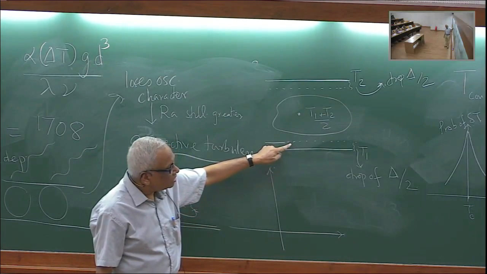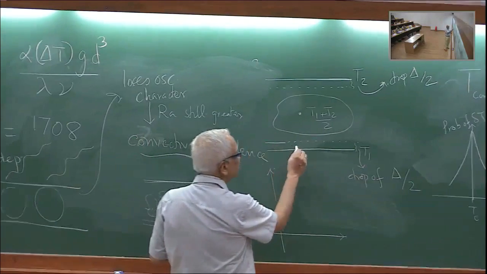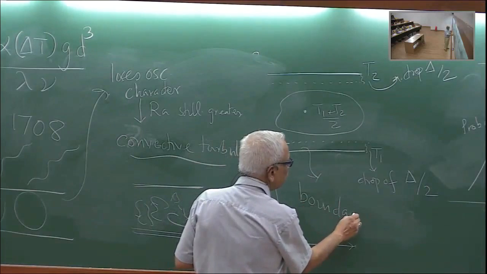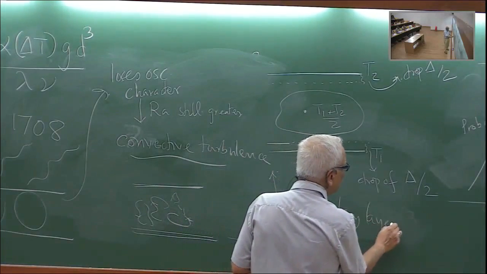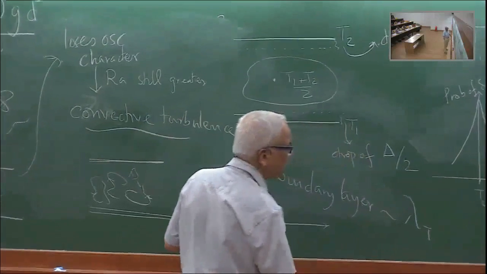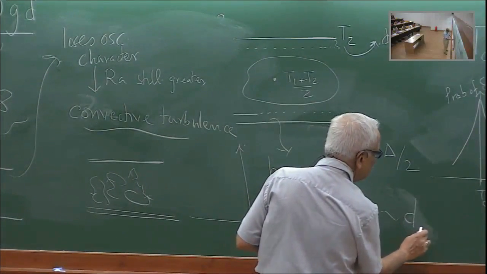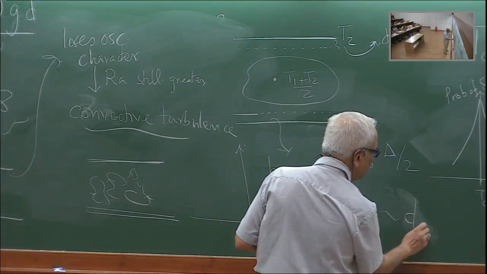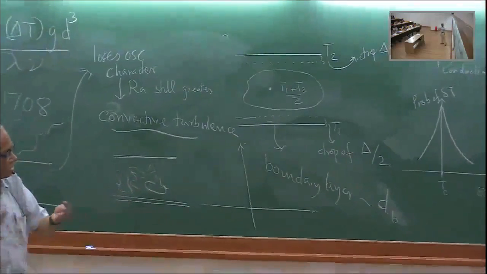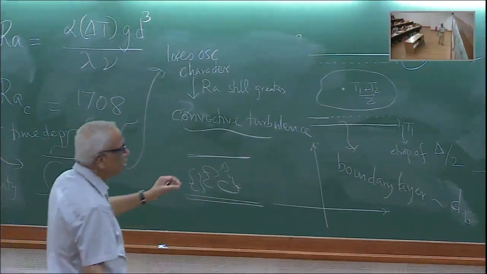This thickness is what is called a boundary layer, and let's say the boundary layer has a thickness d with a b subscript, d_B.